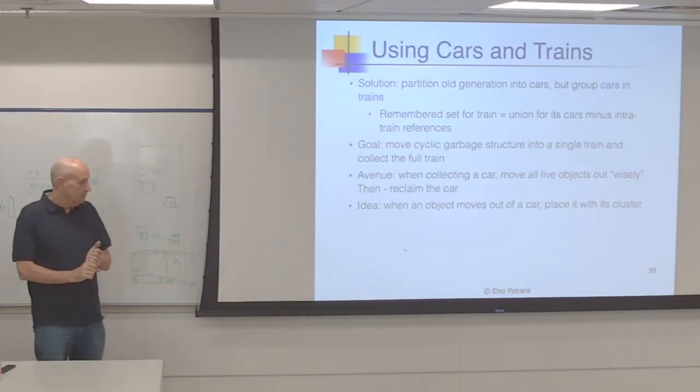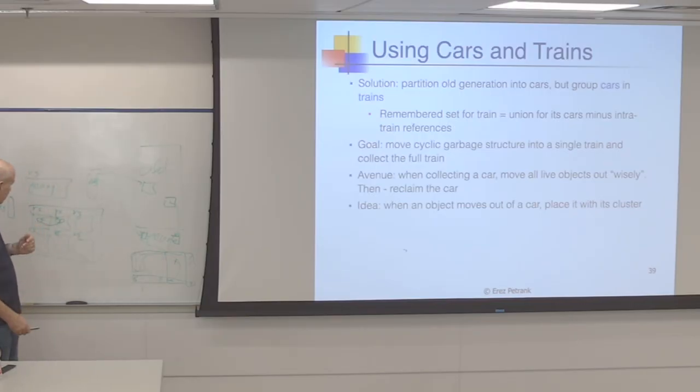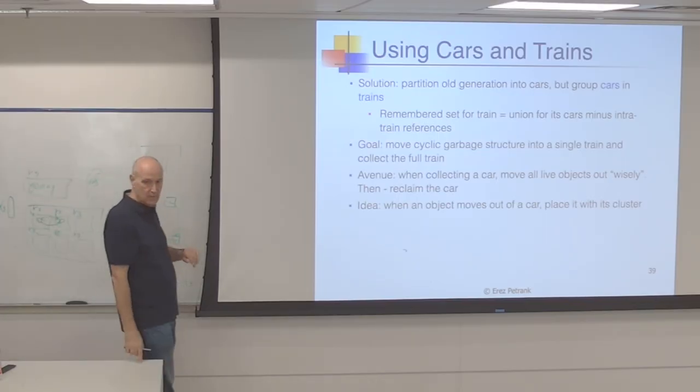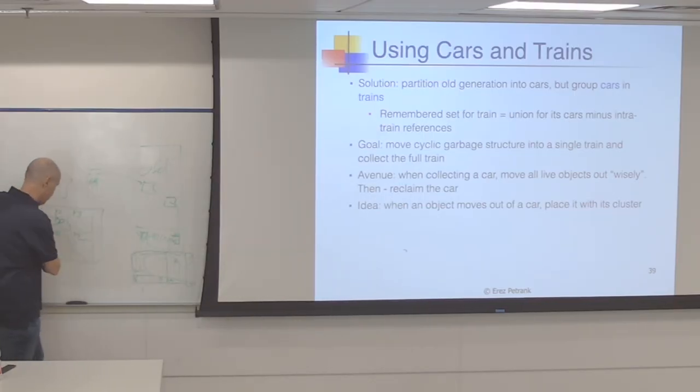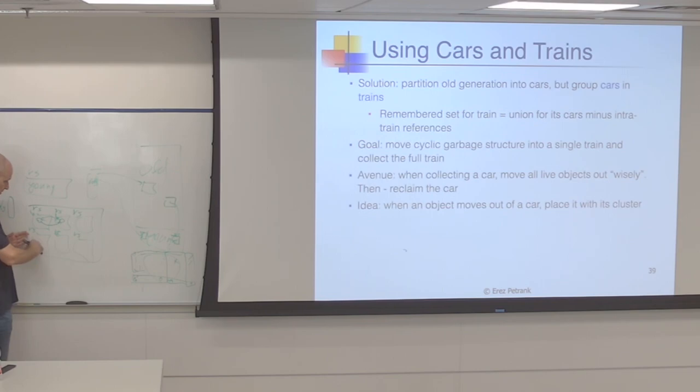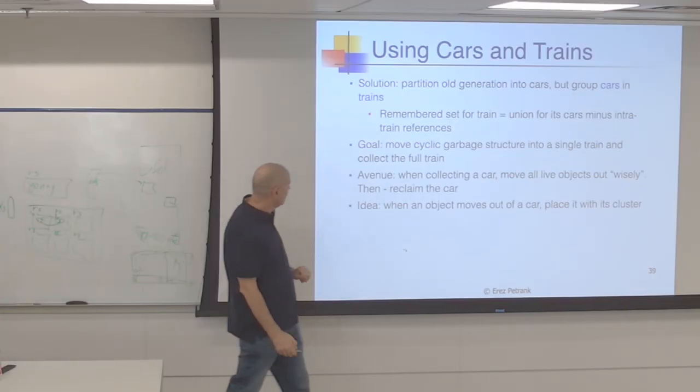But the way I'm going to work with it, I'm going to go one car at a time, move everything that's reachable from the outside, and then free the entire space after I move any reachable thing from it. And if I collect a full train, if there's nothing pointing into the train, I can free the entire space of all the cars in the train.